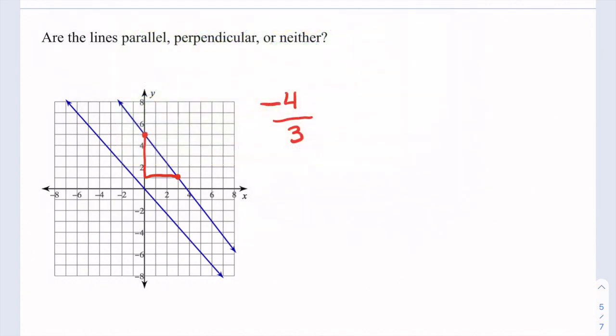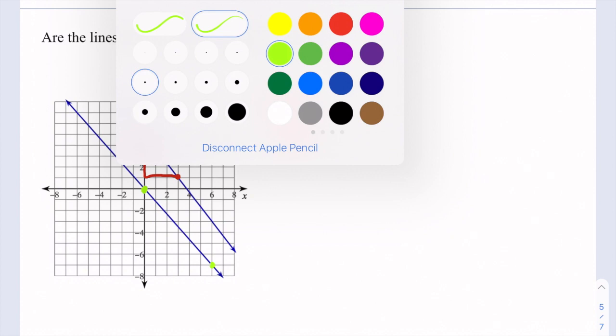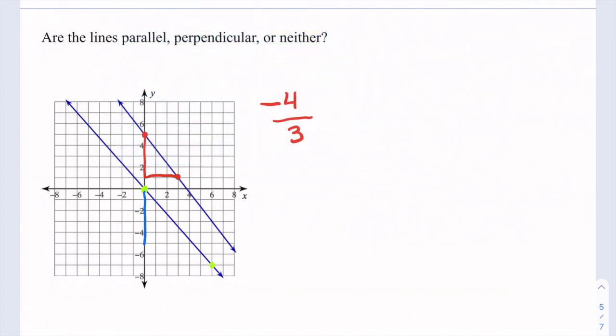And then my other line, it crosses exactly here and here as well. So if we form our triangle to figure out the rise over run, it's going down as well.